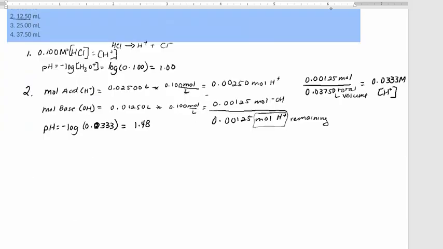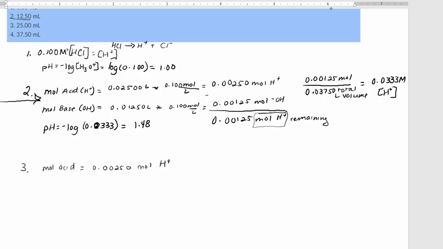For the third situation, we're going to have 25 milliliters of base. Now, I already calculated my moles of acid here. I'm just going to bring that down. So my moles of acid are still the same. And now I've added 25 milliliters of my base.